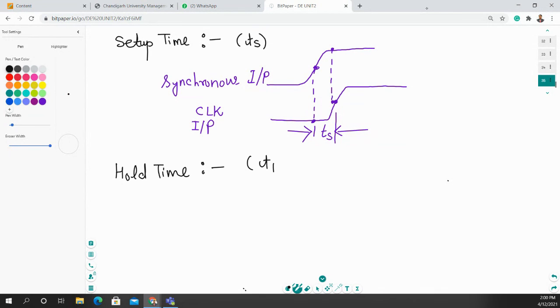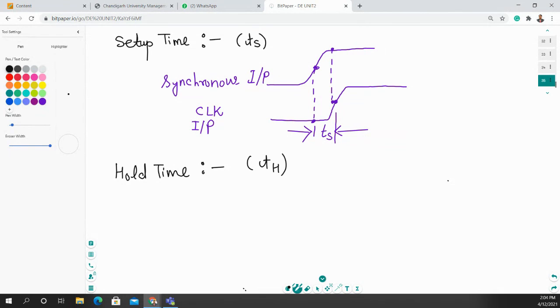Hold time can be represented by TH. Okay, so what is the hold time? It is the time interval immediately following the active transition of a clock signal, during which the synchronous input has to be maintained at a proper level.